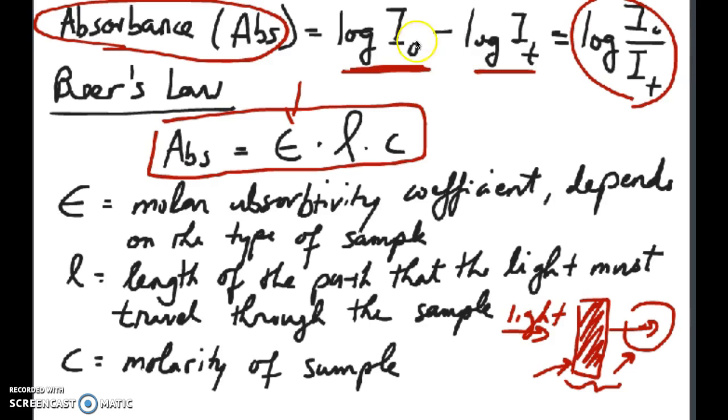This is done automatically for you, so you don't actually have to do this calculation. But it turns out that that absorbance can be related to the concentration of the sample in here. So if it absorbs a lot of light, that means the sample is very concentrated. If it absorbs a little light, that means the sample is not very concentrated.